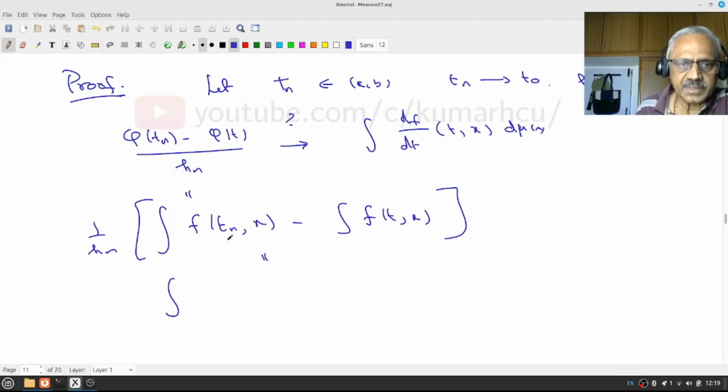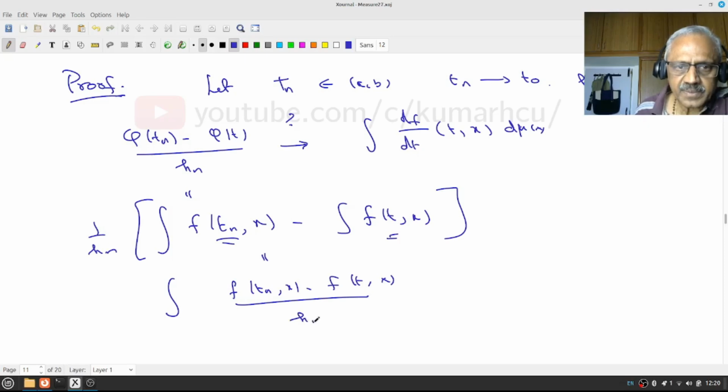Phi of Tn is this, phi of t is this, and divided by Hn. Remember, by assumption these are all integrable. Therefore, by the algebra of integrable functions and linearity, this fellow is nothing other than the integral of f of Tn x minus f of tx by Hn, d mu x.